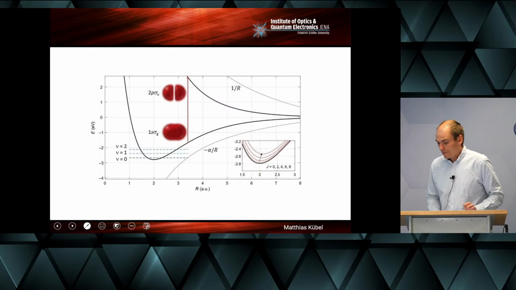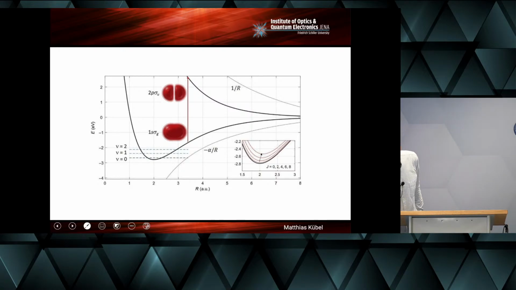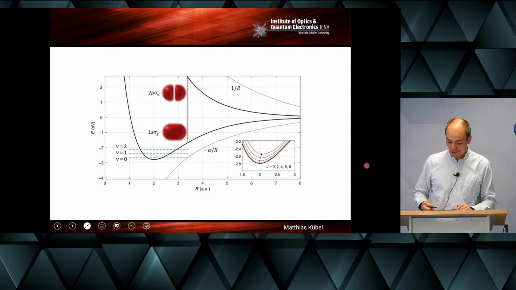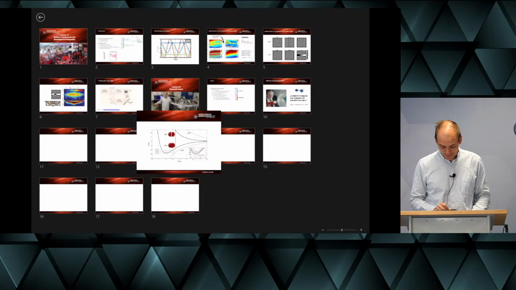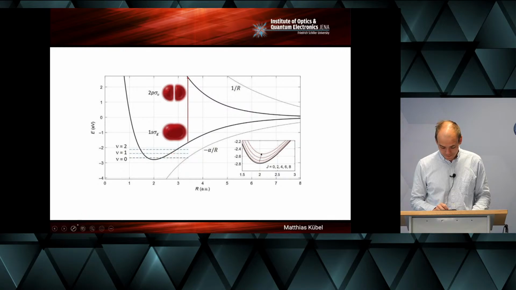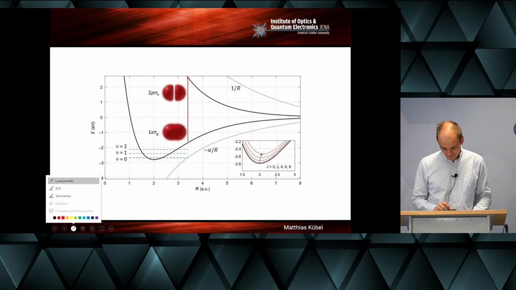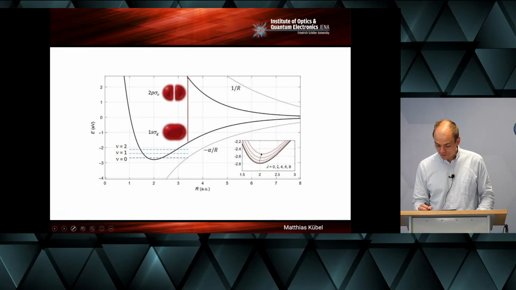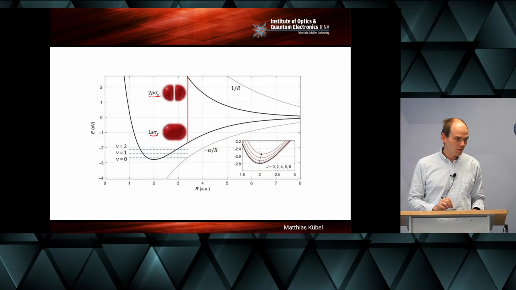So this is what this would look like. This is now for H2+. We have here two electronic states. These are the names of the states; it's not so important why they're called like this. Again, how did we get here?